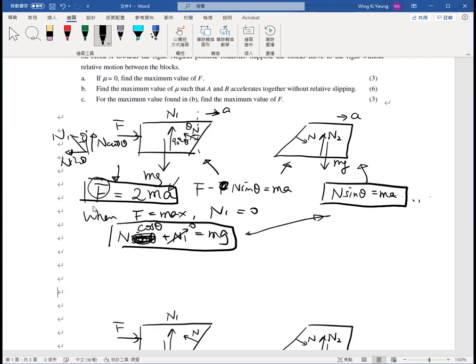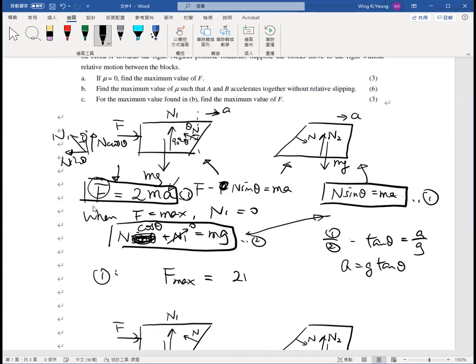Very easily, you just use the first equation divided by the second equation. Then you get tangent theta equal to A over g. So that means A equals g tangent theta. And then substitute in the first equation. Then you get the maximum value of F will be 2mg tangent theta.